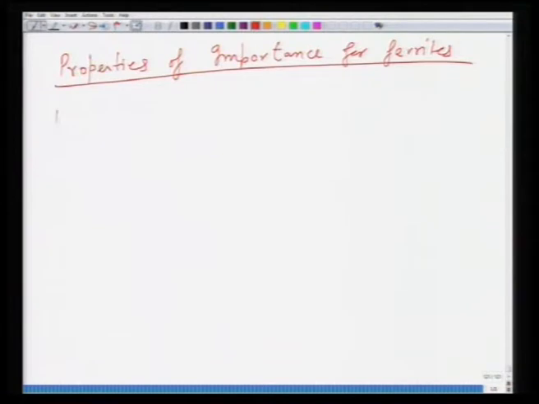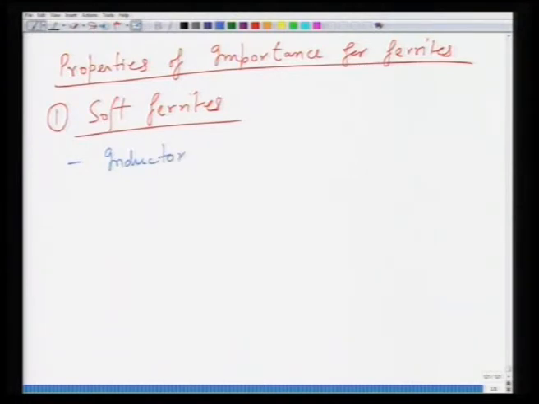Okay. So first is the case of, let's say, soft ferrites, and soft ferrites are typically your cubic spinel ferrites, and here they are used in applications like inductor cores, also called pot cores, for telecommunications.